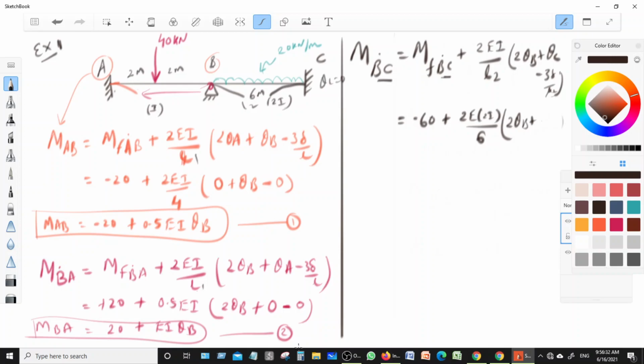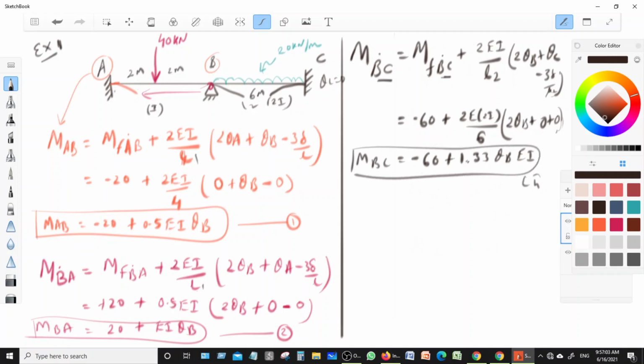Here we put this 0, and delta is not given, so it is again 0. So you got the equation, minus 60 plus, if we simplify that, 4 by 6, that is 1.33 theta B into EI. That is another equation, that is MBC. This is your third equation.